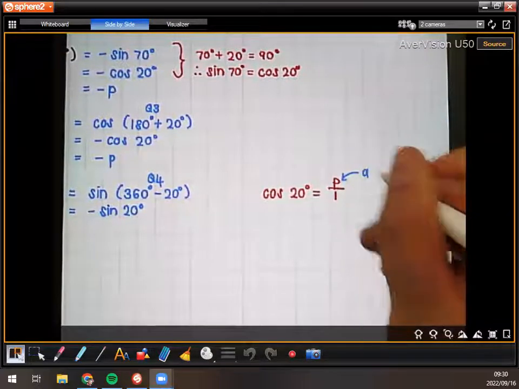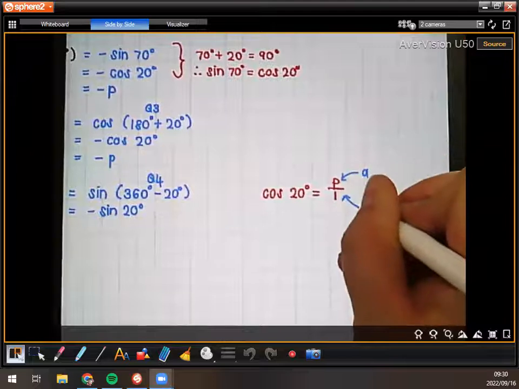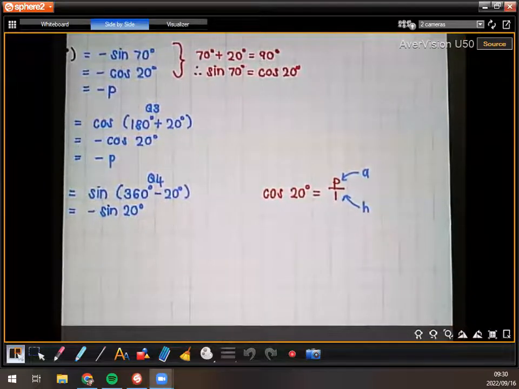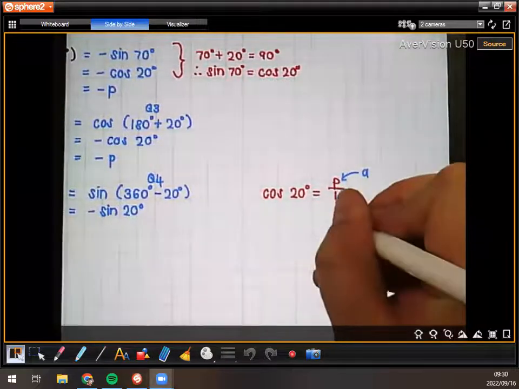What is cos? Adjacent over hypotenuse. So if I rewrite p as p over 1, that means that in my triangle, I'm going to put the 20-degree angle, because that's the angle that they're giving me. The adjacent side is going to be equal to p, and the hypotenuse is going to be equal to 1. Right, so we're going to draw a triangle.